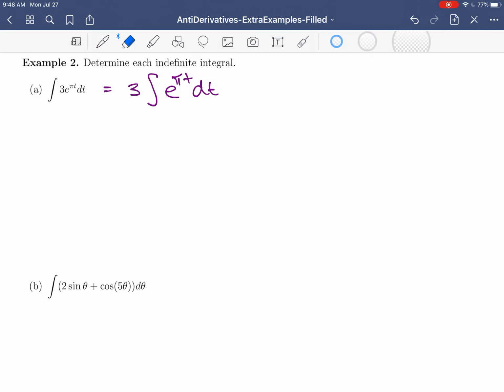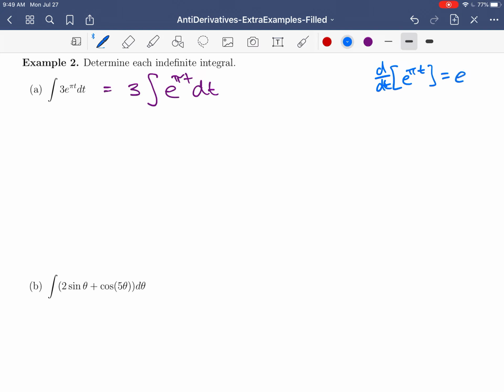Now that we've seen substitution, you could use substitution here, but you don't have to. When we take the derivative of an exponential, we always get the exponential back. So I might think that my antiderivative is e to the pi t.